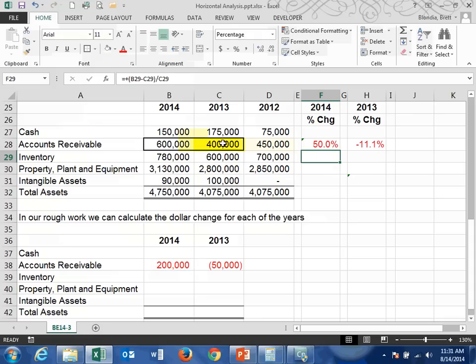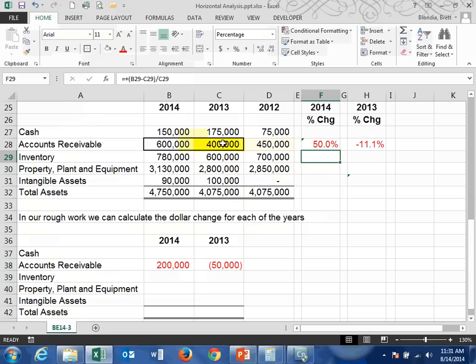That's why I recommend highlighting or circling or putting a star beside the base period amount, because then when you're doing the analysis, it makes it easier. You don't accidentally pick the wrong number as your base period amount. It's very simple for me to see the dollar change was 200K, and I'm going to divide it by this thing here that's been highlighted, this 400K. And that's a 50% increase.